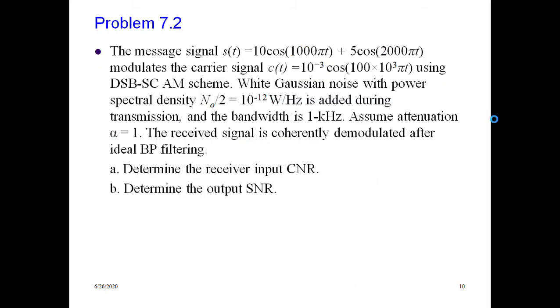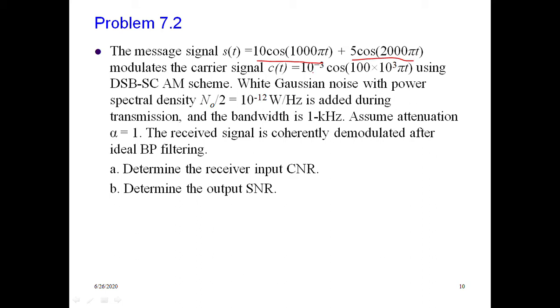Alright, so let's look at this example, problem 7.2 in the textbook. The signal consists of two signals, 10 cos 1000 pi t and 5 cos 2000 pi t.